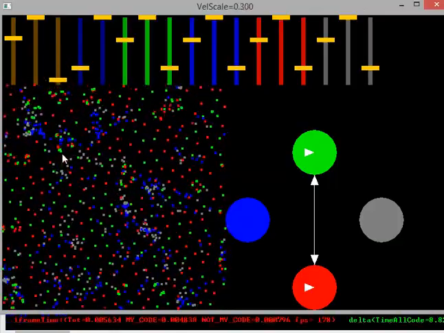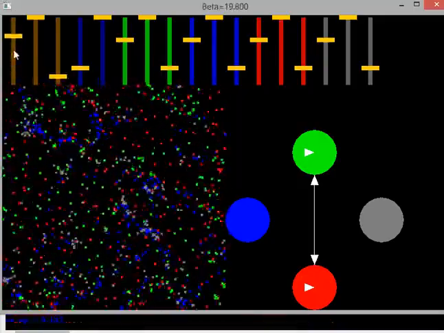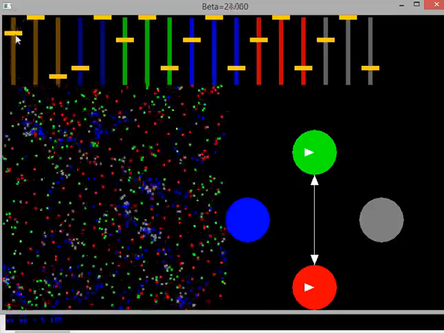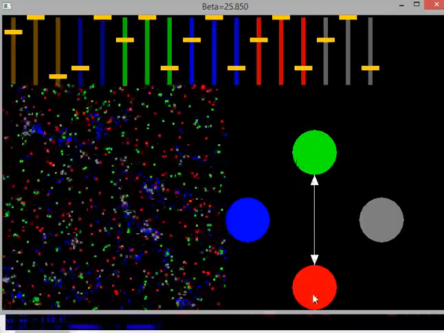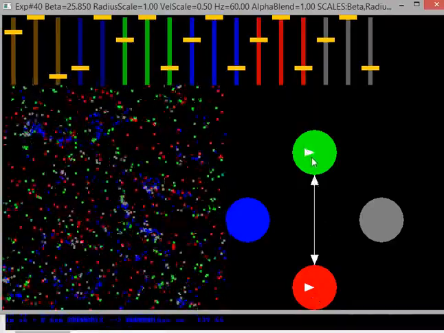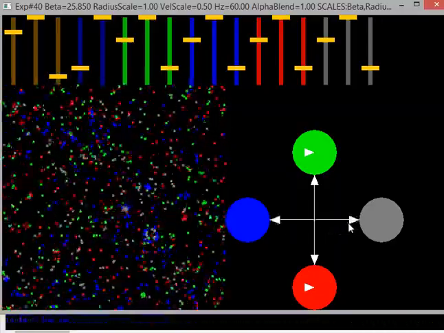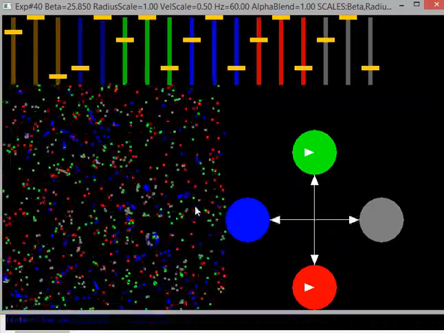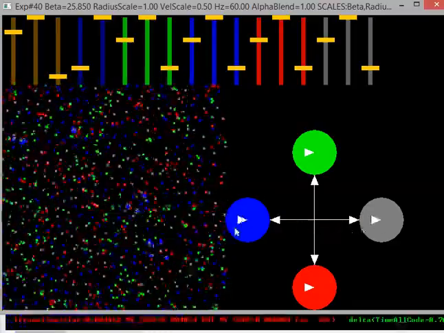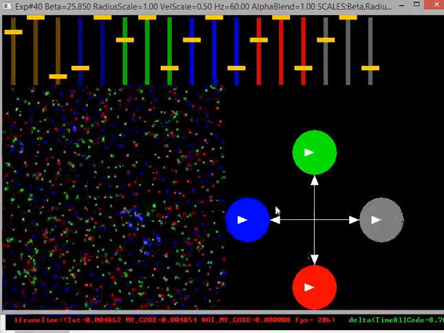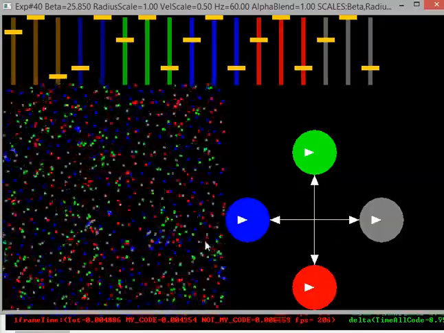See what's going on. Slow it down. Increase beta back up to 23. I can't explain it. You can get blue and gray to react somewhat. So blue and gray are their own little simulation, not involved with red and green. And blue and gray seem to react together.